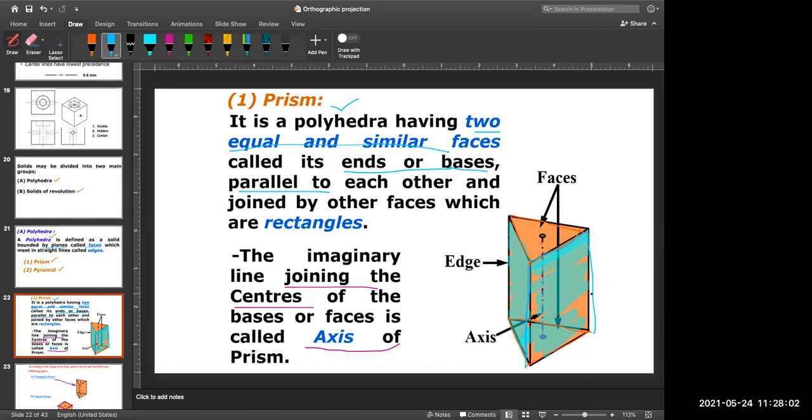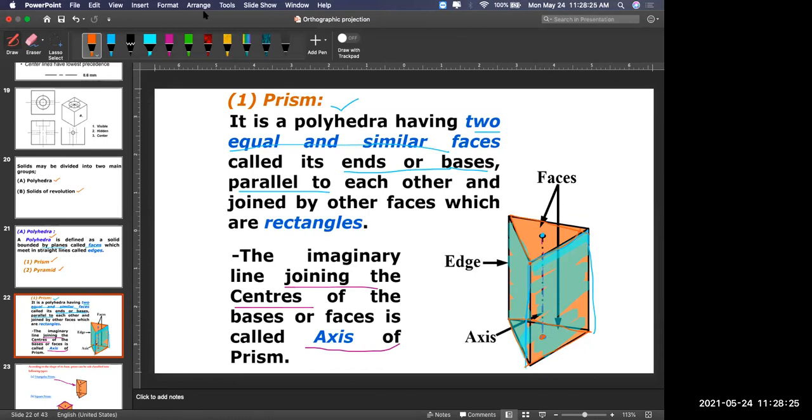That I have already shown you in the figure. And the imaginary line which is joining these two center points is called the axis of your prism.